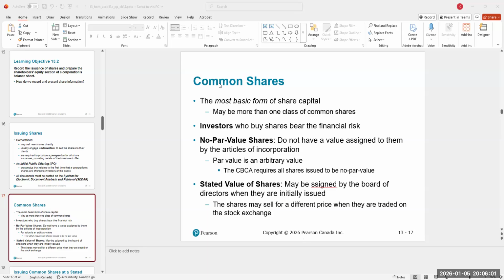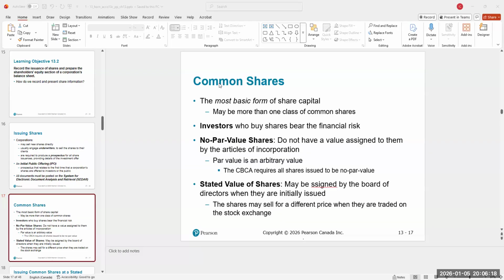We have par value shares, which means they have a value assigned in the articles of incorporation. We may only issue 10 shares, but there's no value assigned to those shares. Par value is an arbitrary value.